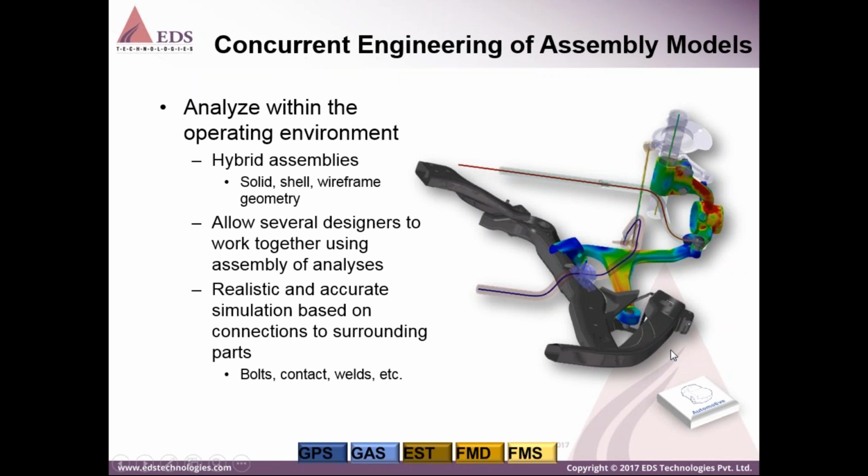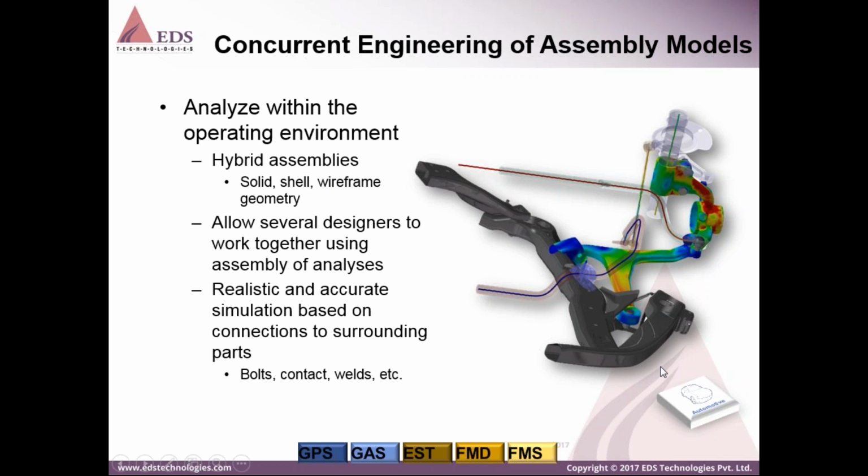CATIA helps us to have hybrid assemblies, which have say 1D, 2D or 3D meshing at the same time. This is called the hybrid assemblies for solid, shell and wireframe geometries as well. This allows designers to work together using assembly of analysis.